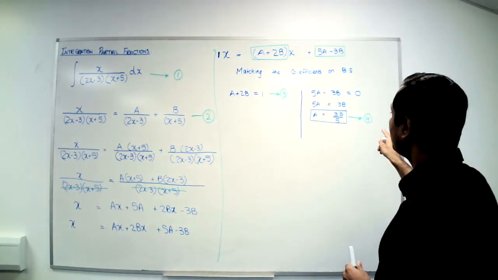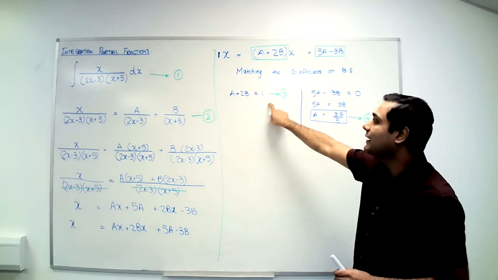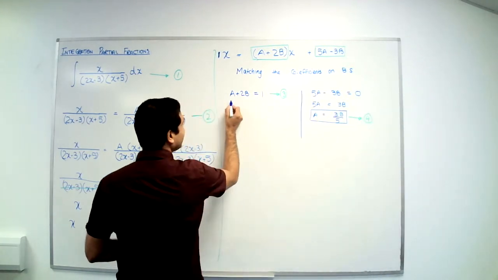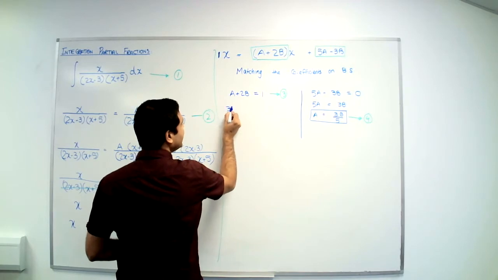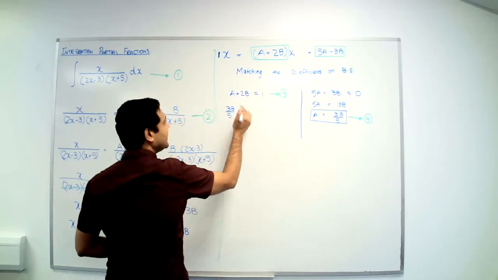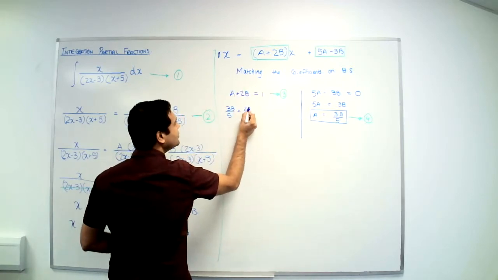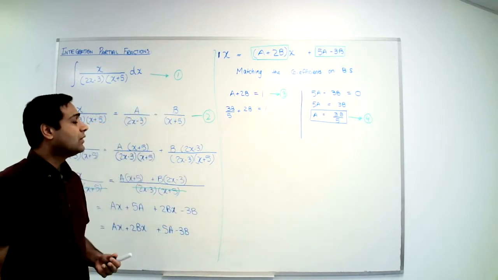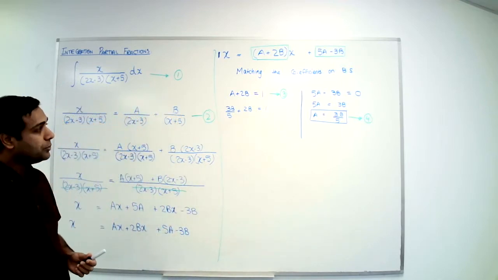Now, this value, equation number 4, I put it back here. So instead of a, I write 3b over 5. This thing, I put it here, plus 2b equals 1. Okay, 3b over 5 plus 2b.